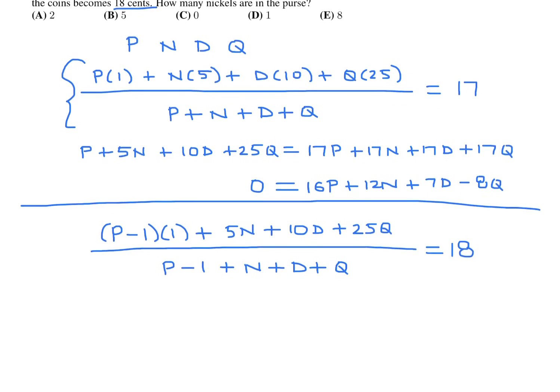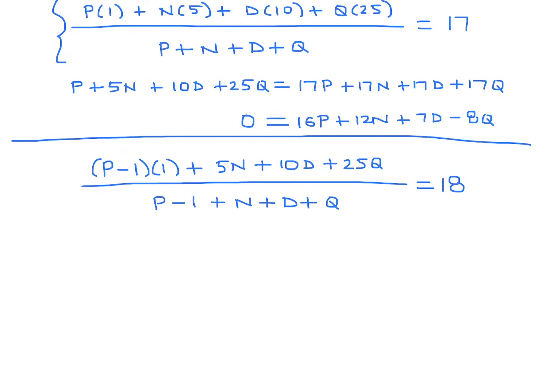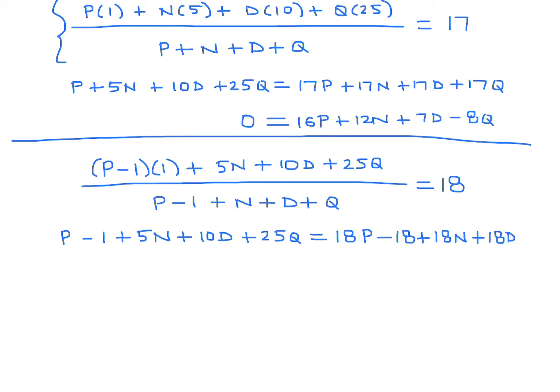Okay? So this becomes, let's see here, P minus 1 plus 5N plus 10D plus 25Q. And that is equal to 18P minus 18 plus 18N plus 18D plus 18Q.